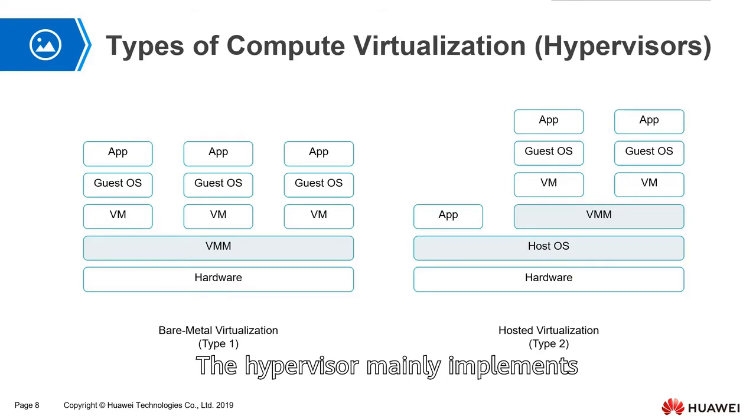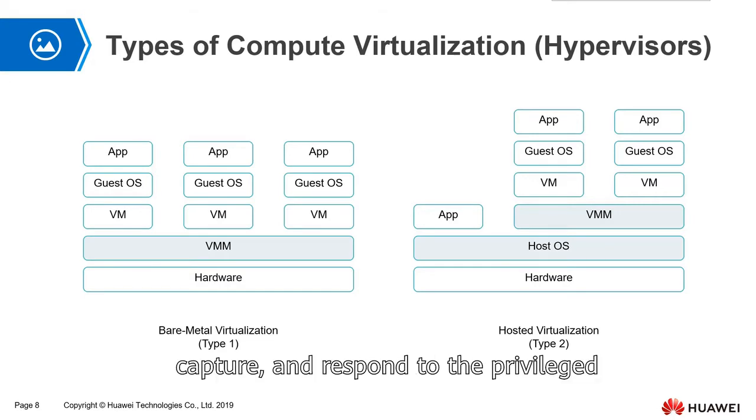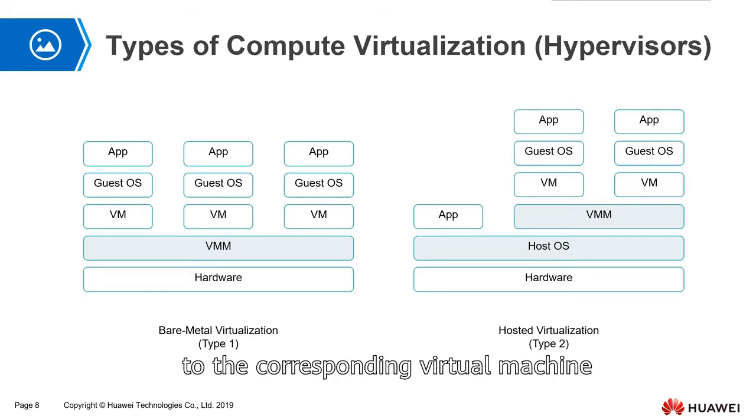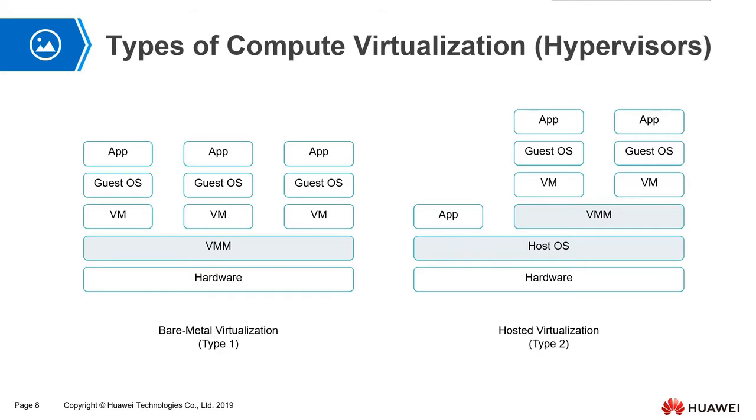The hypervisor mainly implements two basic functions. The first is to identify, capture, and respond to the privileged and protected instructions of the CPU issued by the virtual machine. Second, it is also responsible for processing virtual machine scheduling and returning the processing result of the physical hardware to the corresponding virtual machine.